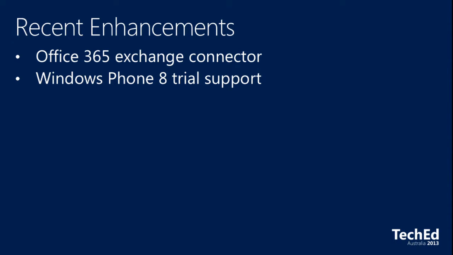So if you want to manage a Windows Phone 8, you have to get a certificate from Symantec, and there's a fee associated with that. And a lot of customers said, well, I'm not quite ready to purchase yet. I want to just try it, and I want to see if it works. And I don't want to make the investment of buying the certificate. So now there's actually a way you can trial that without buying the cert up front and validate that it is something that you really want to do, and it's a good scenario for your organization.